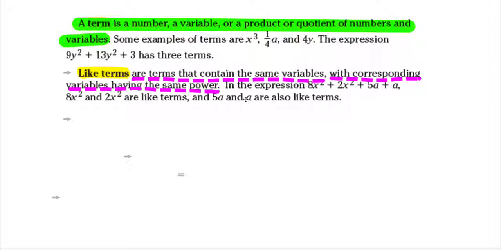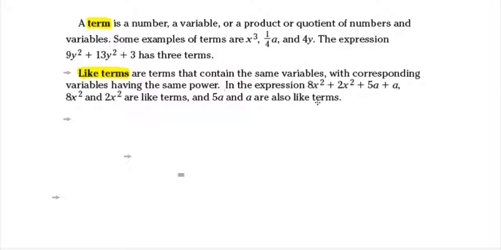So in the expression 8x squared plus 2x squared plus 5a plus a, 8x squared and 2x squared are like terms. Why? Because they have the same variable and they have the same exponent. The powers are the same. Same base, same exponent, like terms. 5a and a are also like terms because they have the same base and they have the same exponent, which is 1.